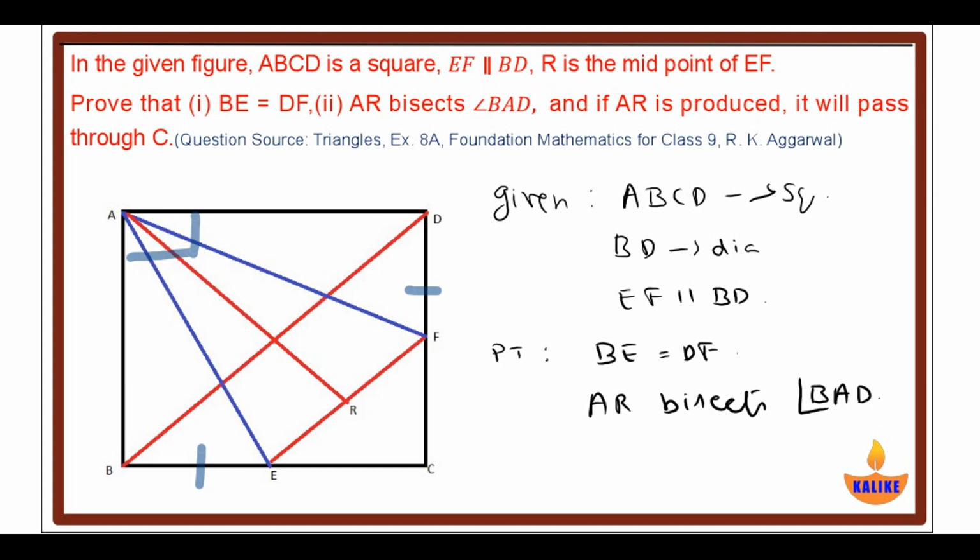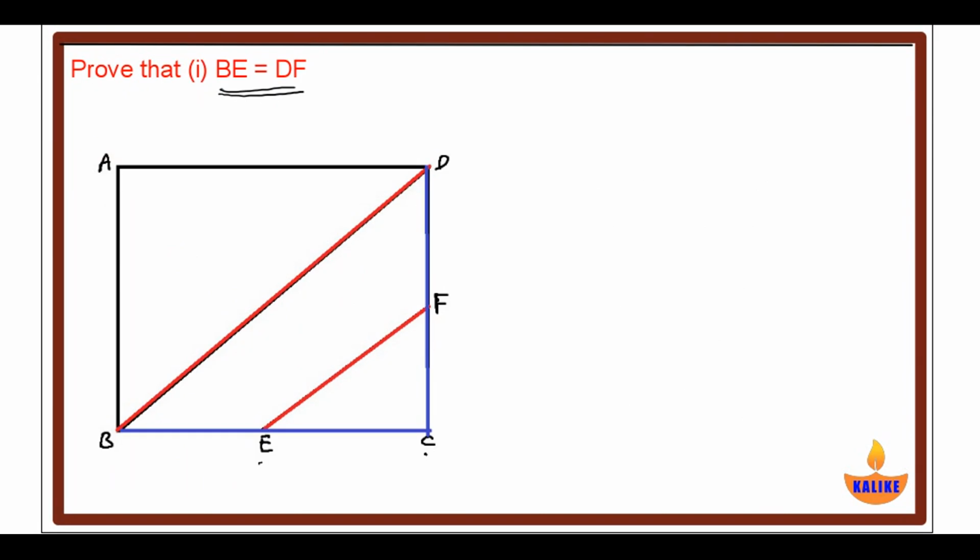Okay, so first part ತಗೊಳ್ಳೋಣ, that is BE is equal to DF ಅಂತ ತಗೊಳ್ಳೋಣ. ಇಲ್ಲಿ BD is a diagonal, therefore it is bisecting angle B and angle D. The whole angle is 90 degrees, that is ABC is 90 degrees.